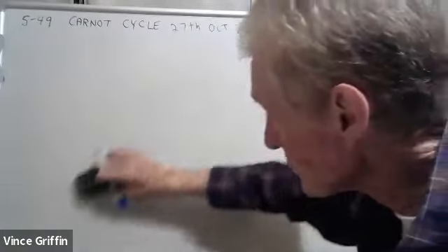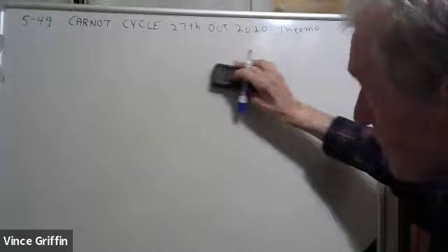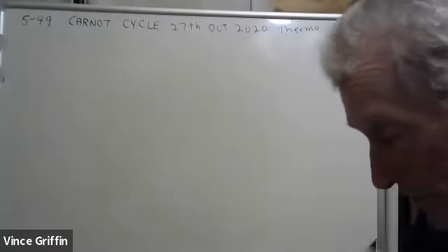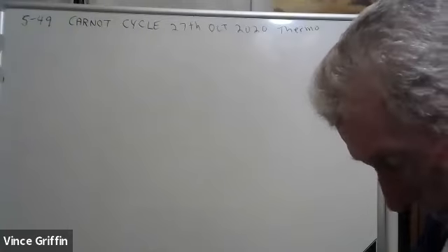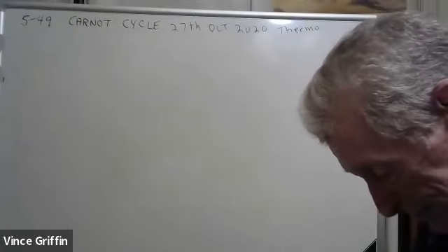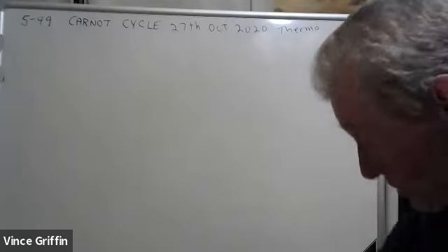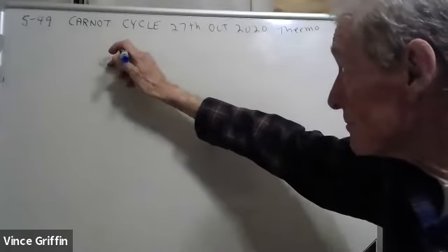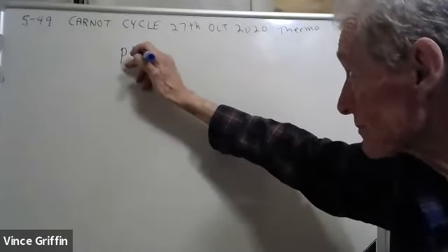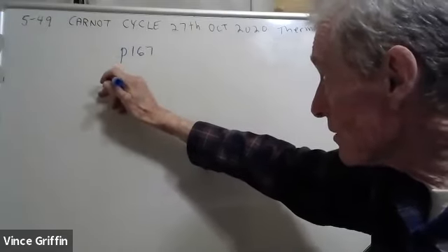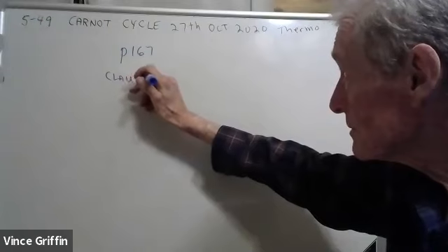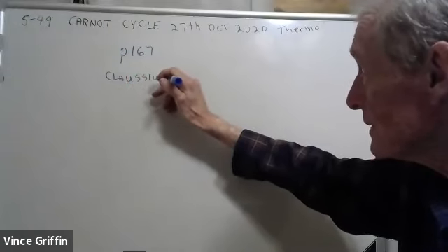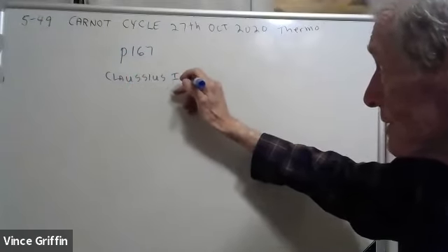Now we're going to get into chapter 6, but before we do, it's really based on something called the Clausius inequality. You'll find this on page 167. It's called the Clausius inequality.